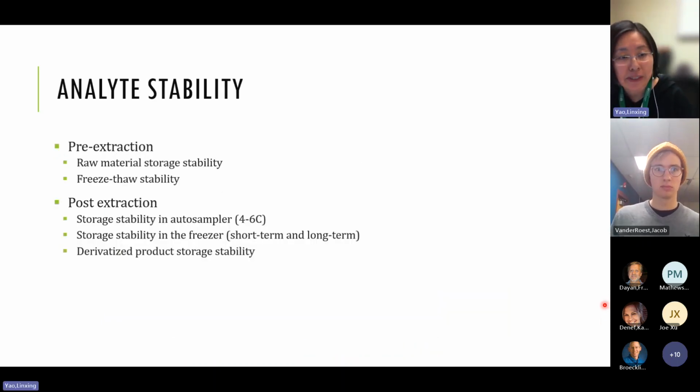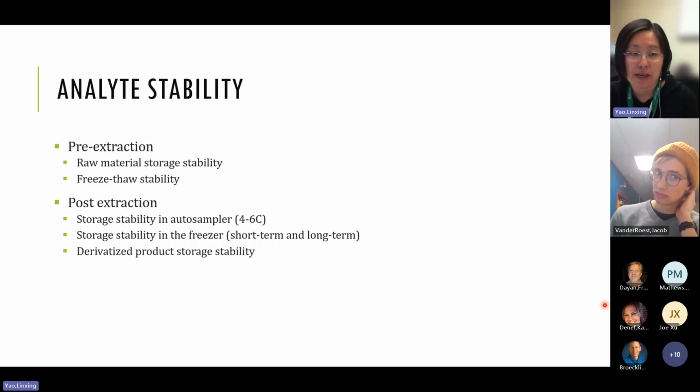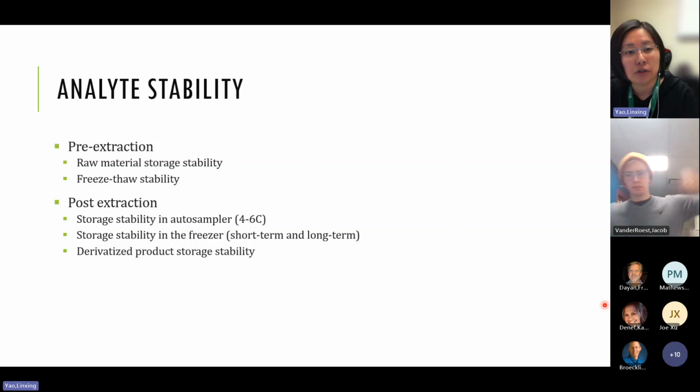For analyte stability, we want to look at how raw material storage affects its stability, and then how freeze-thaw affects its stability before extraction. And after extraction, will the sample extract be stable while it's sitting on the autosampler?